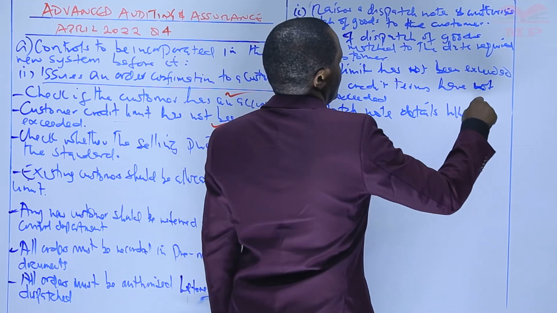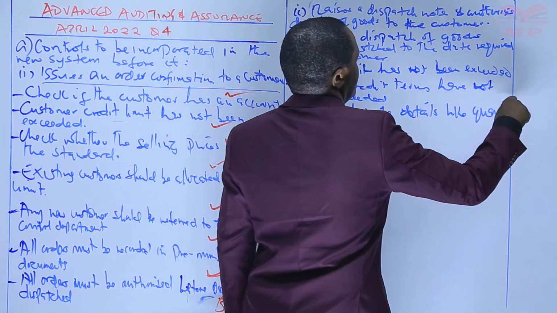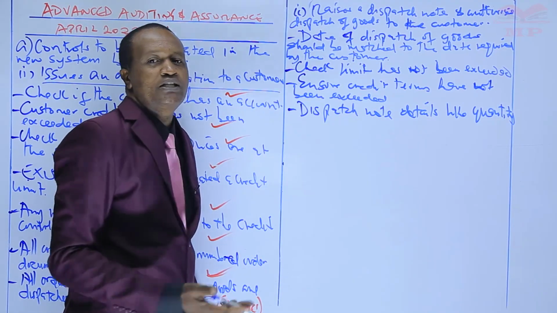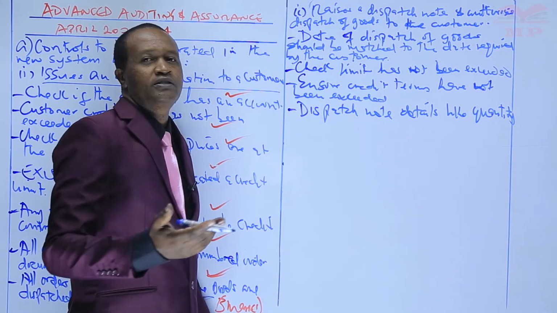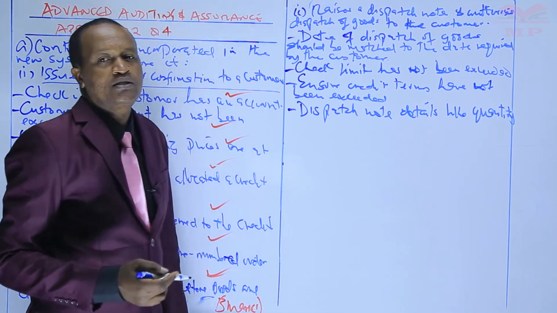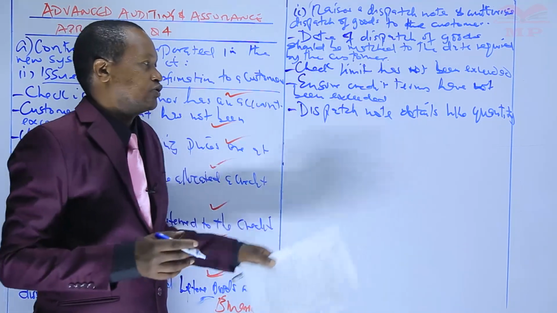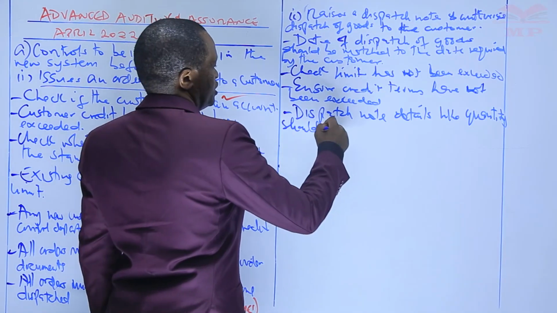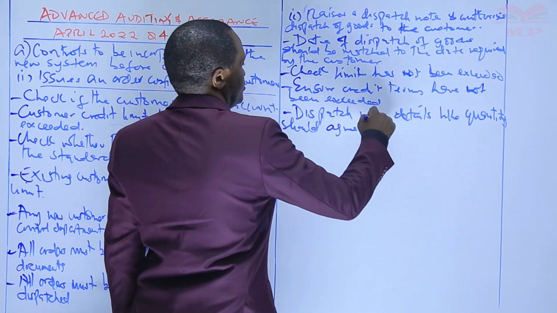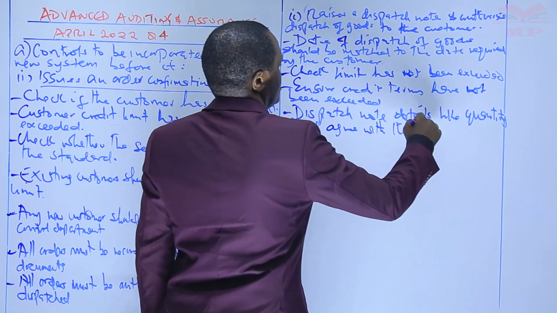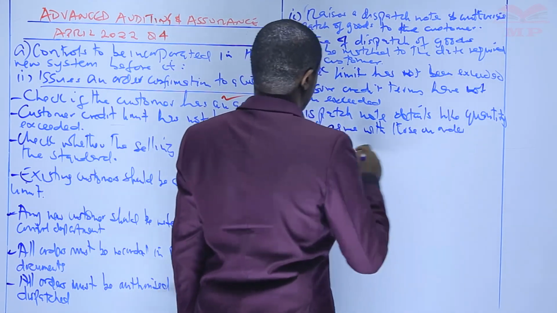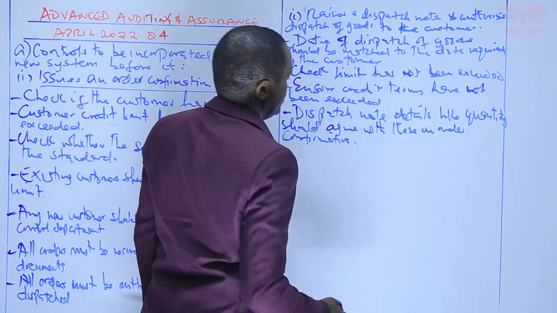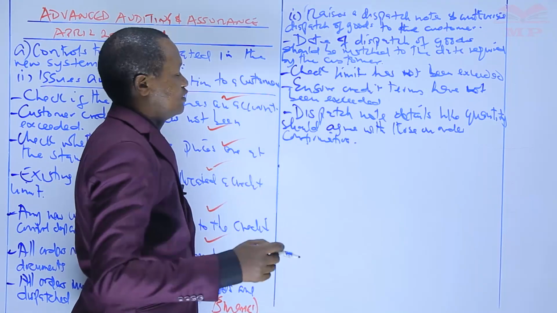Details like the quantities and the delivery address, among others, should agree with those on the order confirmation.